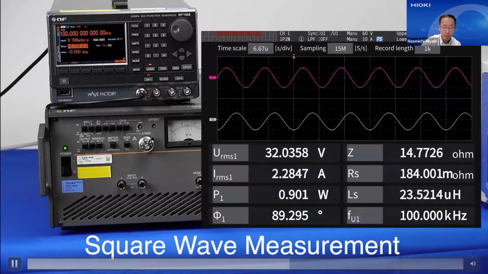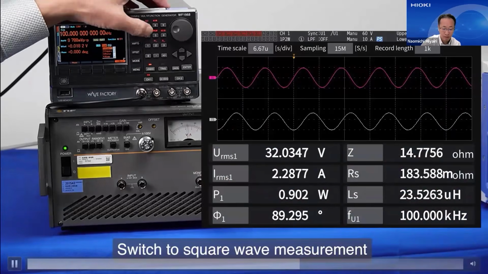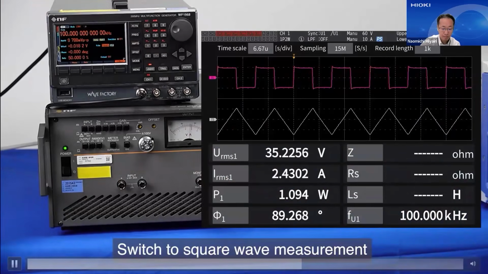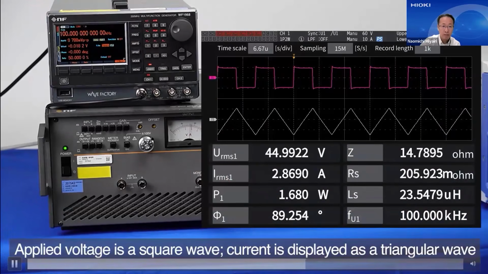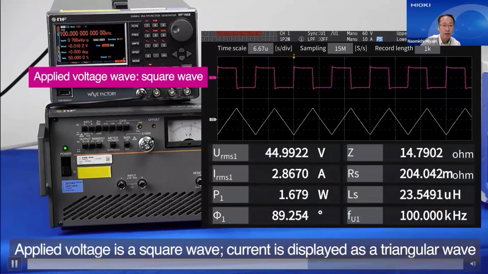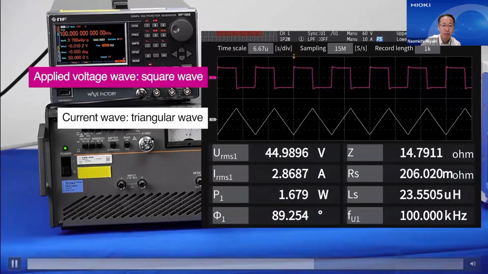So currently, we are applying a 100 kHz sine wave, but next, square waveform injection. Okay. And the voltage waveform is now a square wave, and the current waveform is a triangular waveform like this.